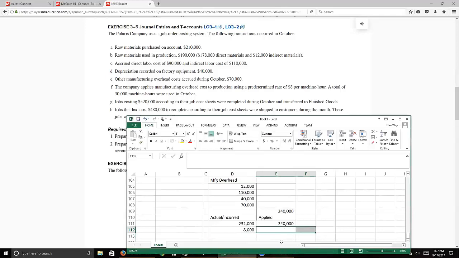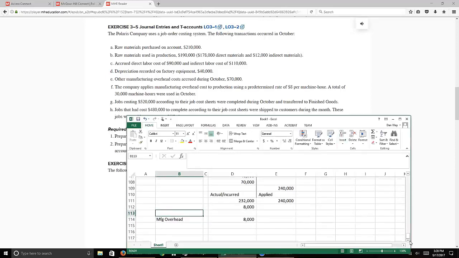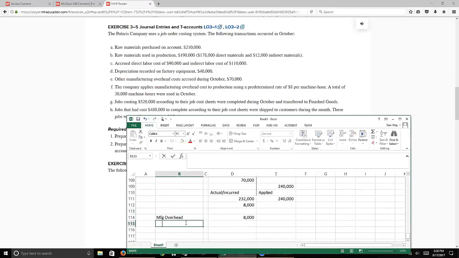So now I would have 240 in debits to match my 240 in credits. Okay. So my journal entry would be: debit manufacturing overhead, $8,000. And credit, one of the ways we talked about doing that was to close it out directly to cost of goods sold.